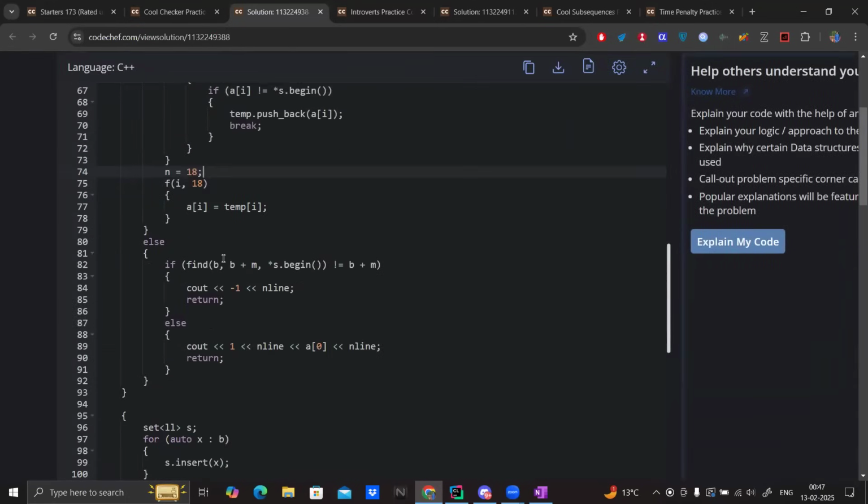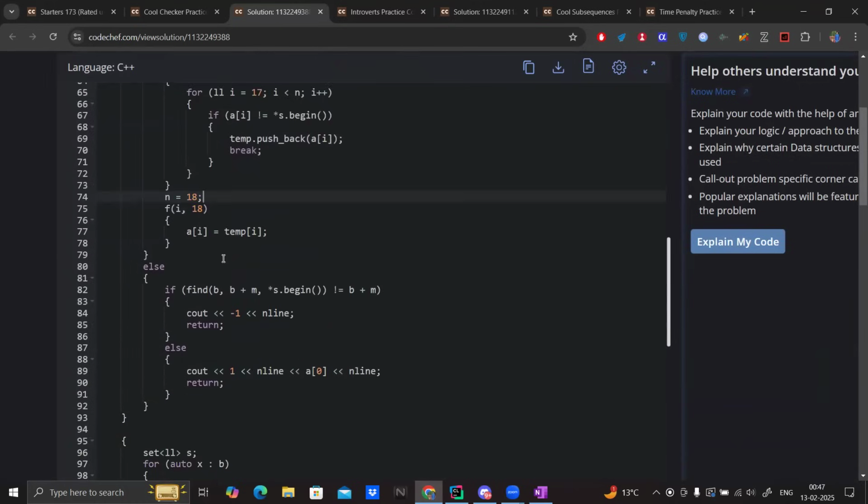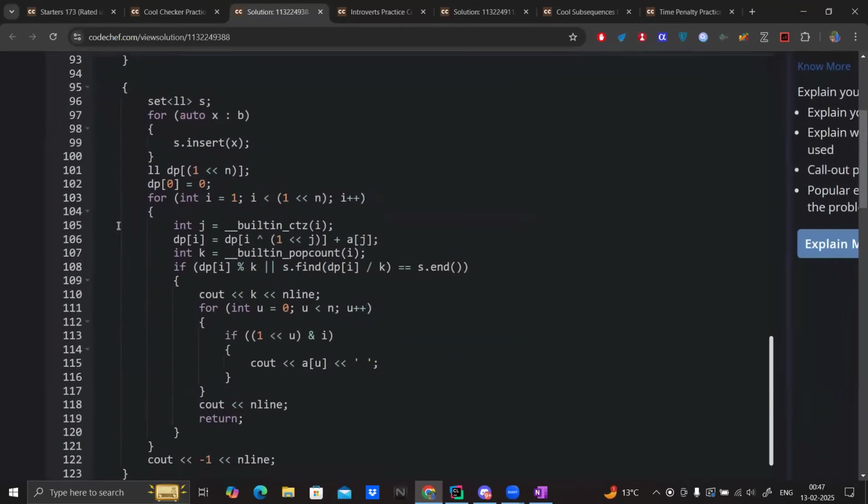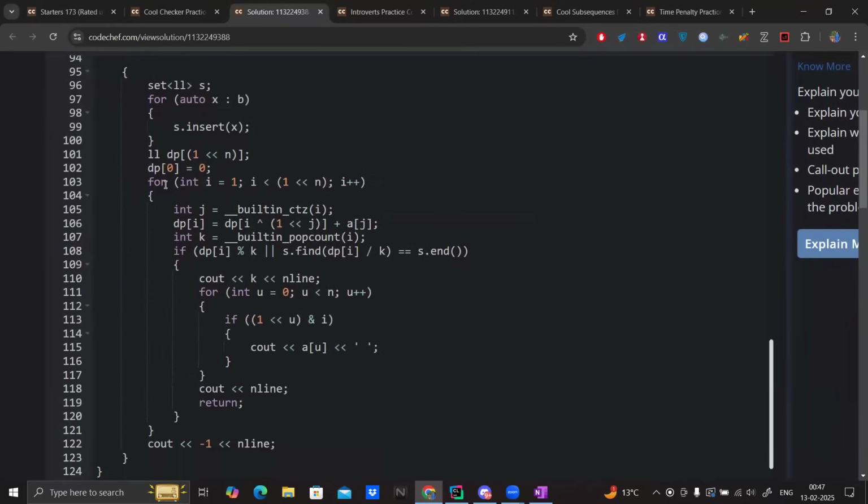And then here at the bottom, I am doing the brute force kind of thing, iterating over all the subsets. I am having a bitmask DP of size 2 to the power n, where dp[i] stores the sum of the ith subset, like the ith mask.